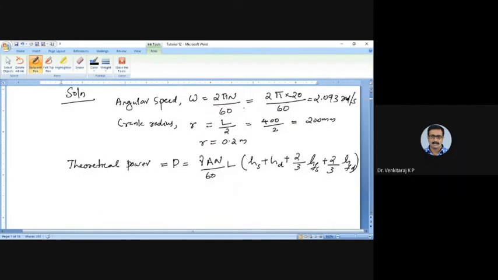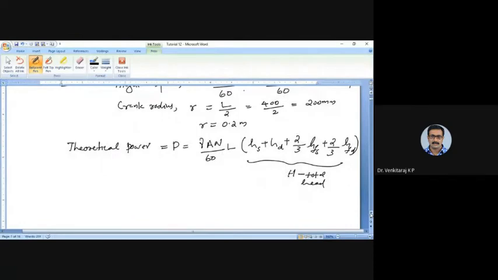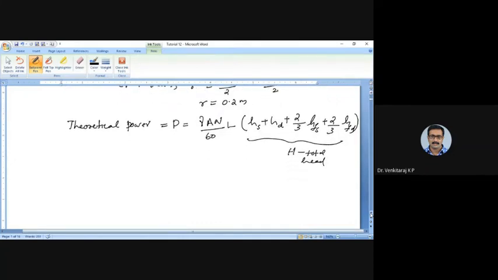So this is the total head that has to be overcome by the pump. In this HS, HD are given, only thing is that we have to calculate the frictional head in the suction and delivery pipe.